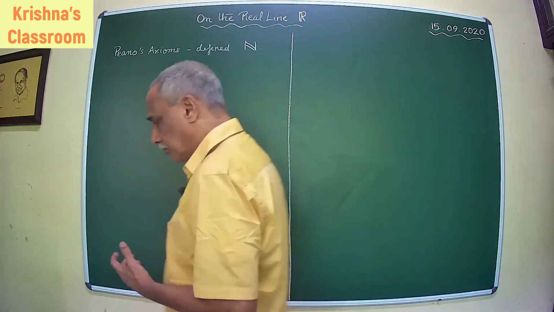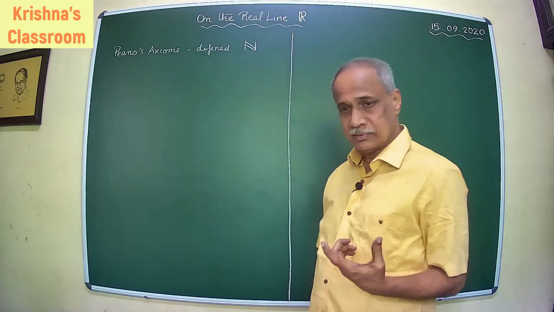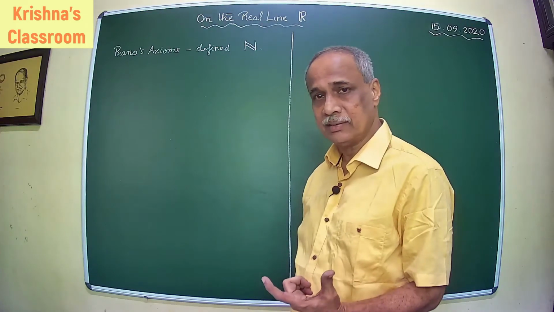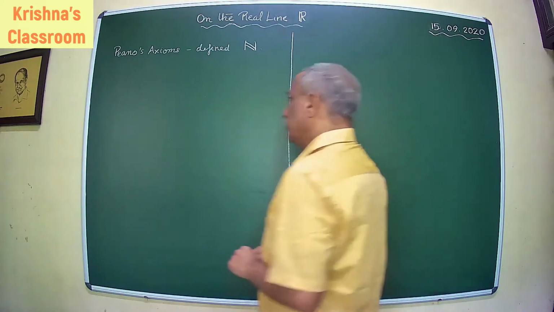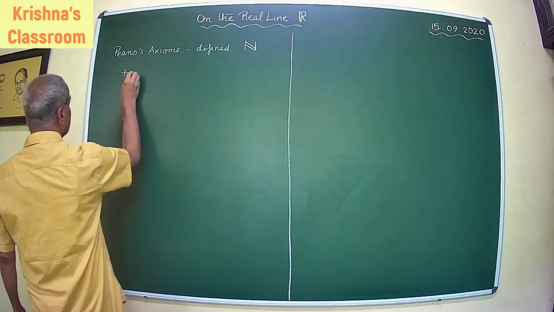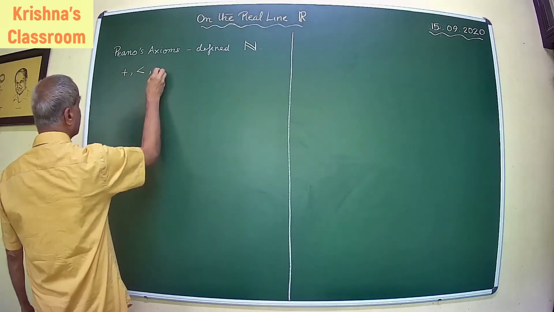The five axioms that we wrote determine a set which we choose to call the set of natural numbers. Then we introduced addition, order and multiplication.